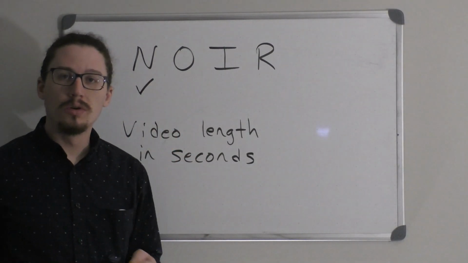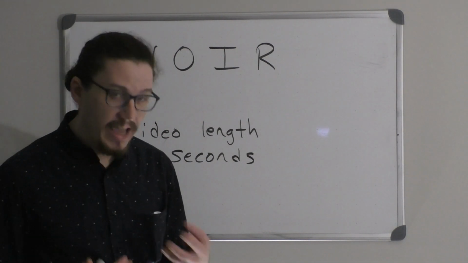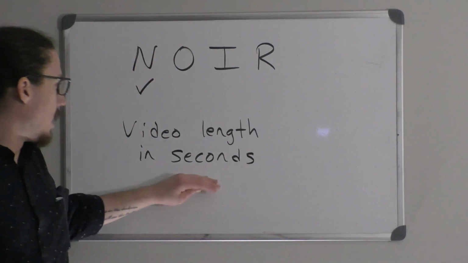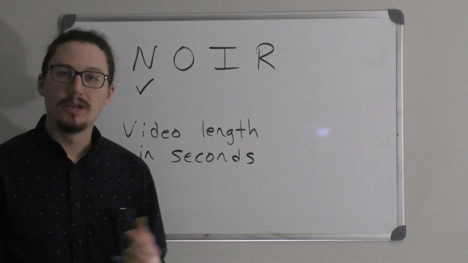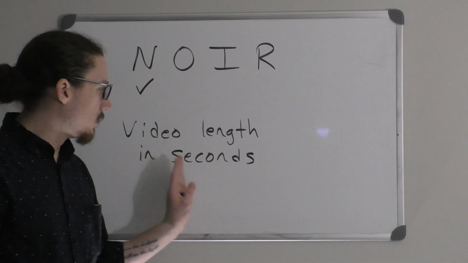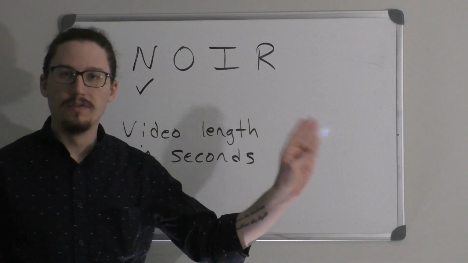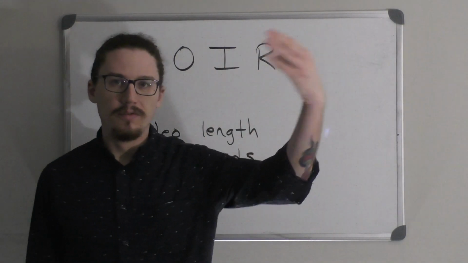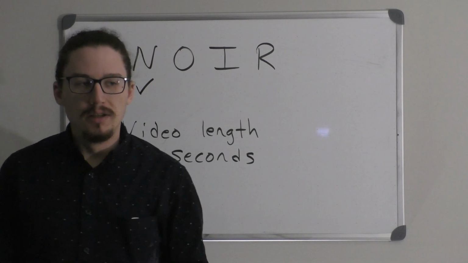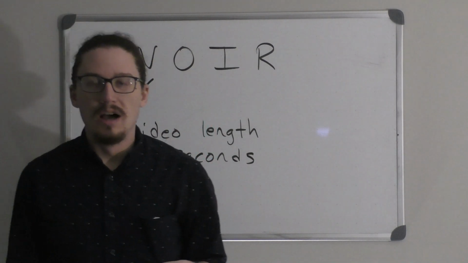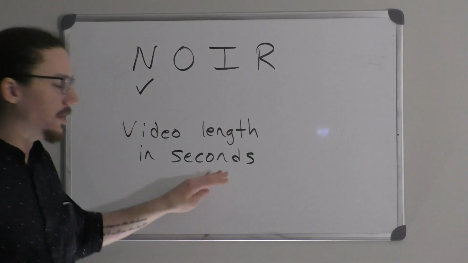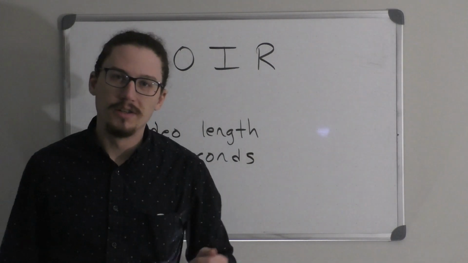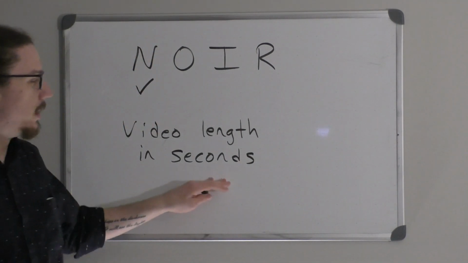We already know it can be put into distinct groups and categories, so the next step is ordinal: can we logically order it? And the answer to that is yes. If we've got a couple of different videos, we can order them based on the length of the videos. If one video is 27 seconds long, that is longer than one that's 25 seconds long.